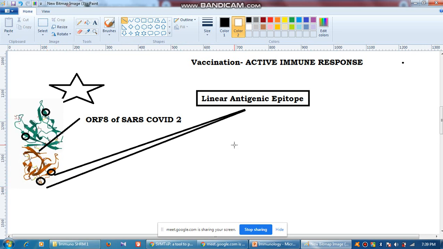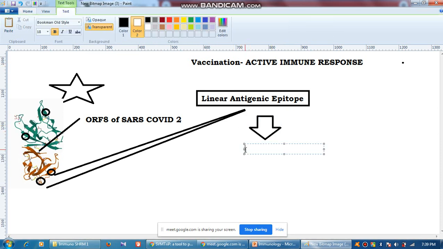Now these are nothing but linear antigenic epitopes that eventually lead to a heightened antigenic response. The whole protein is not important, some particular sites are important.